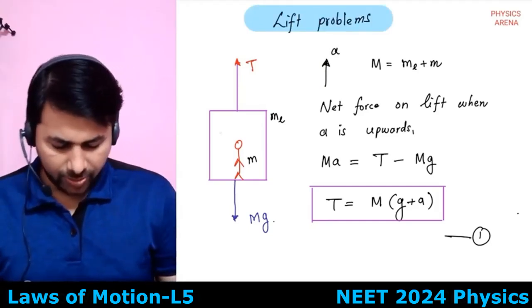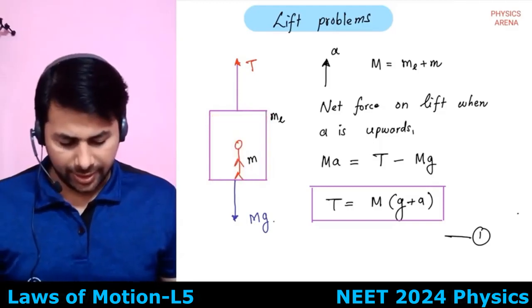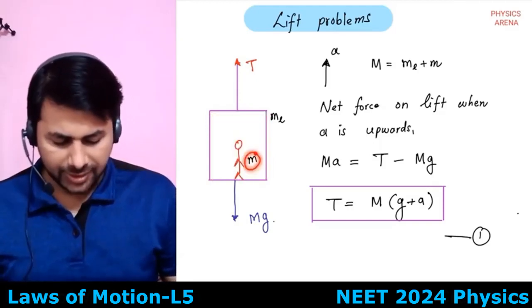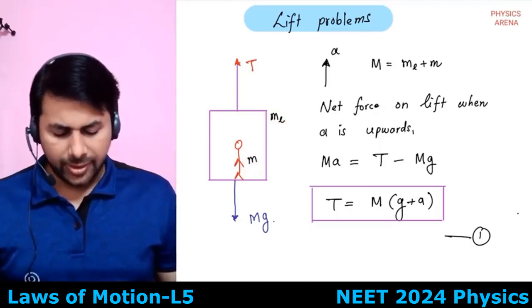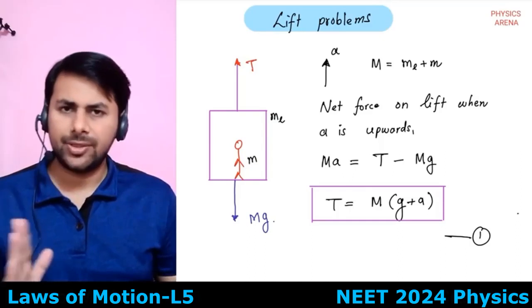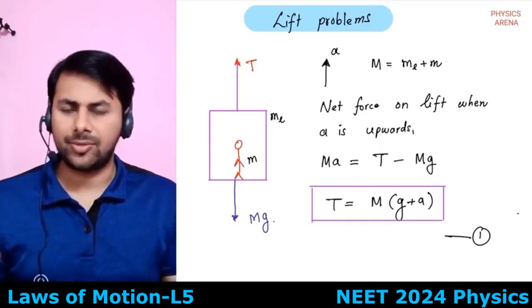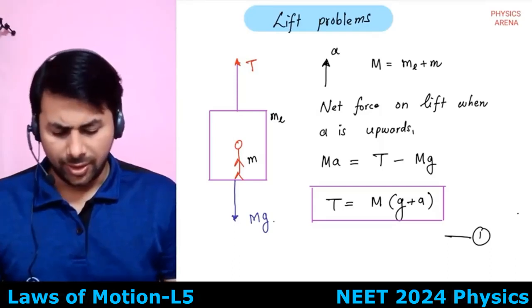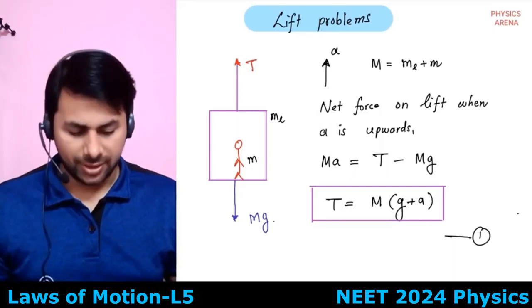Suppose there is a man inside a lift, and the mass of the man is m, the mass of the lift is ml. Now suppose this lift is accelerating upwards or downwards, and we want to find out the weight of this man, or the tension in the lift. There will be problems like this.